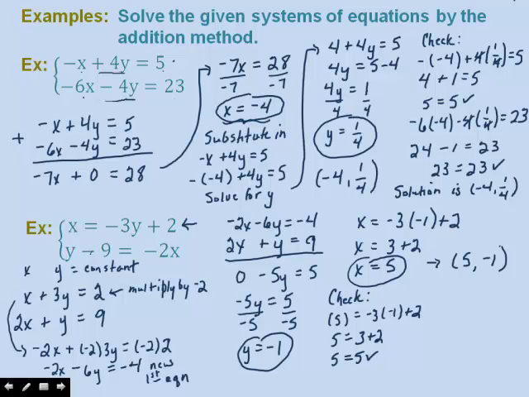So that one checks. In our other original equation, we had y minus 9, so that would be negative 1 minus 9 is equal to negative 2 times 5. So this would be negative 10 on the left side, and negative 2 times 5 is negative 10. So that one checks also. Our solution is the ordered pair that we came up with.